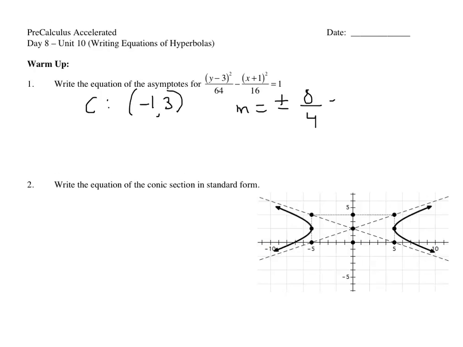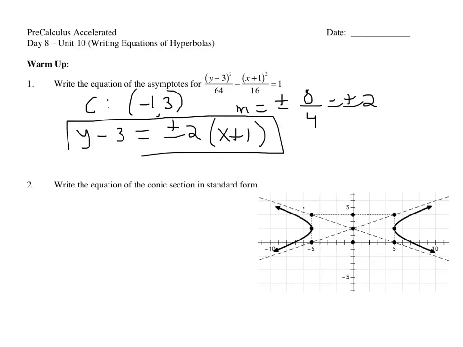So 8/4, which is plus or minus, this is terrible, plus or minus 2. So I would get y minus 3 equals plus or minus 2 times x plus 1. And those would be the equations of the asymptotes.